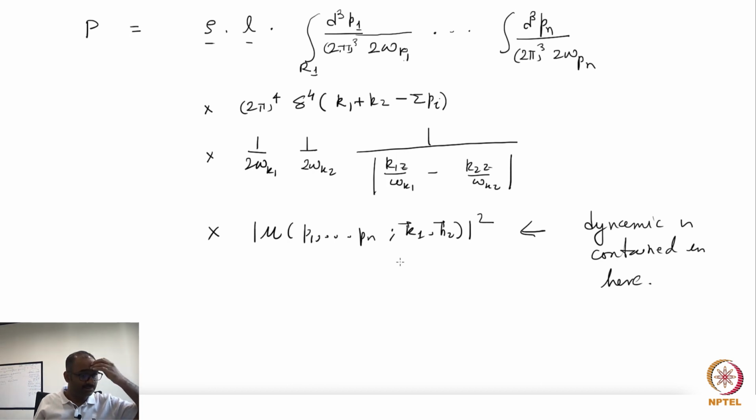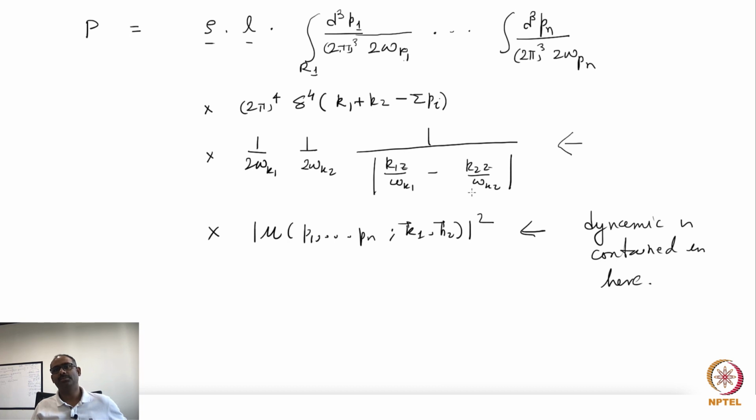Actually, I can give you an exercise. So exercise number 1: look at this line and argue that this is an object which is invariant under boosts along the z direction.